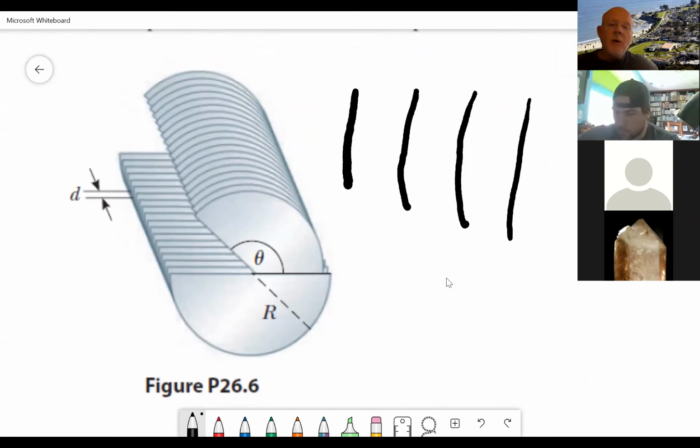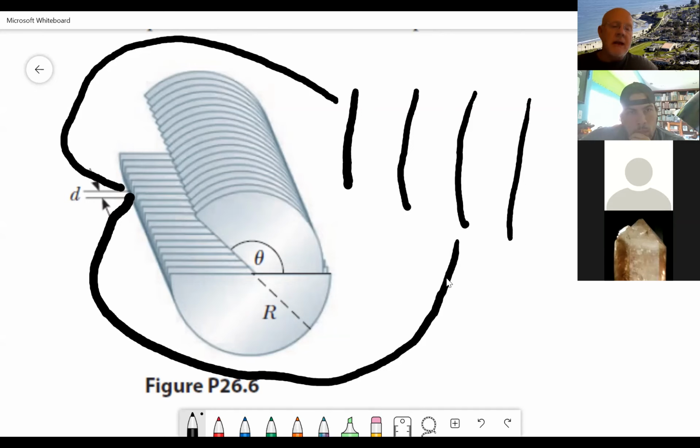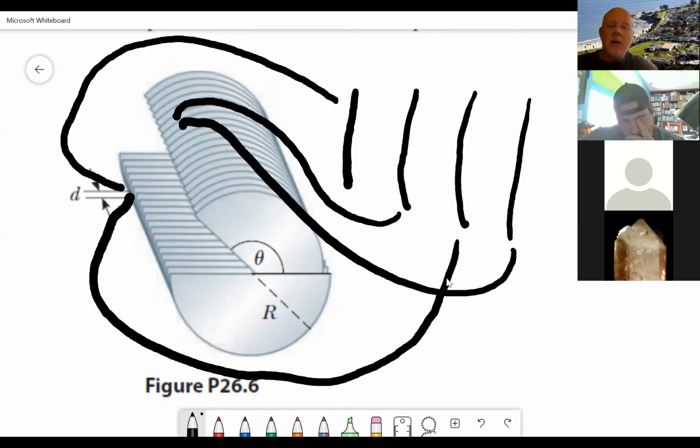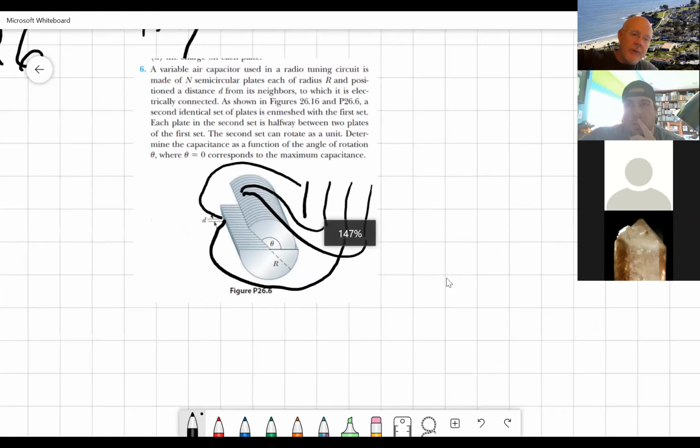But if you were to say this plate right here is that one, and this plate right here is that one, then the one that meshes together, this one would be here, and this one would be here. That's an ugly looking picture.